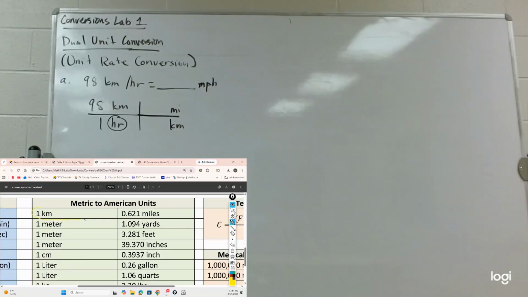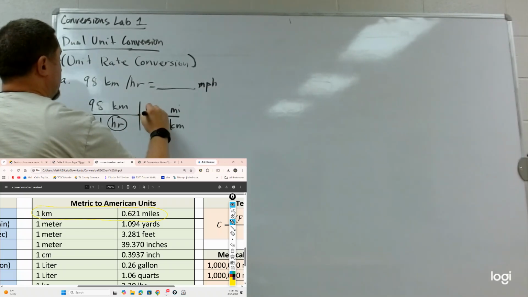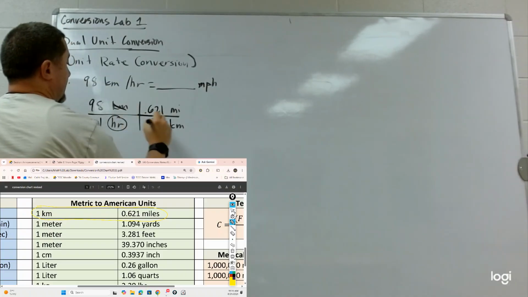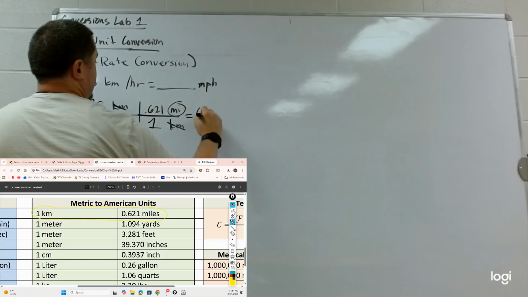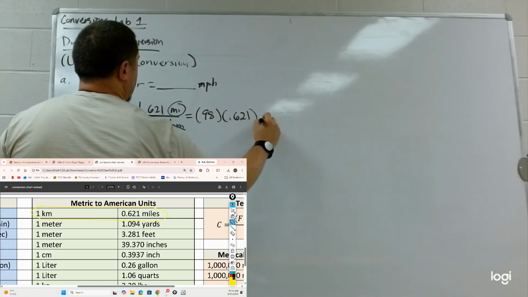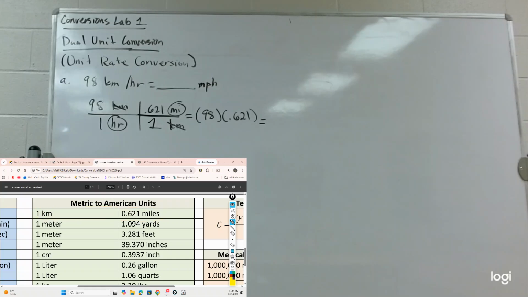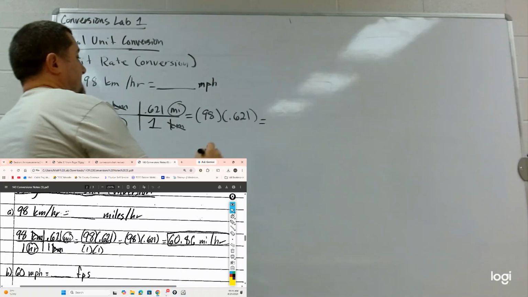So I'm going to go with this one here. 1 kilometer is 0.621 miles. I'm out of kilometers, I've got my miles. Now I'm just looking at 98 times 0.621, and that will get me to 60.86 miles per hour.